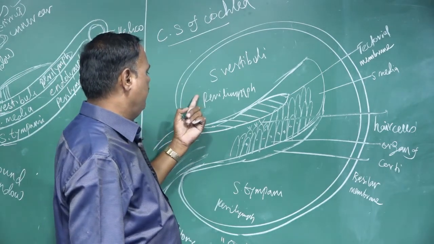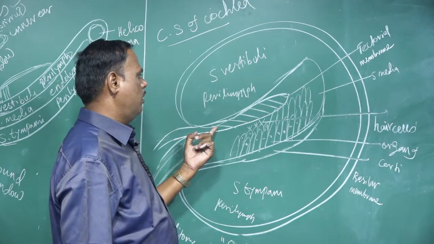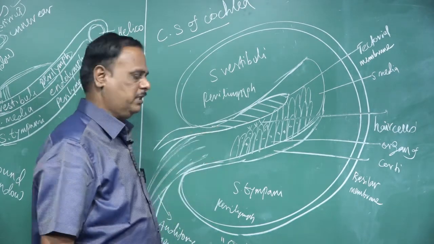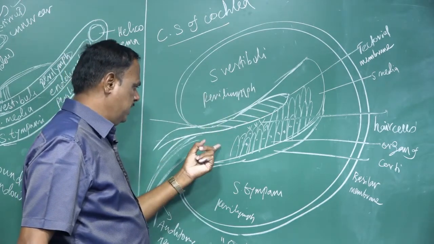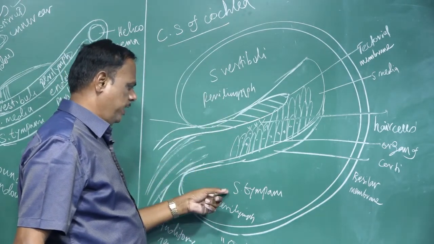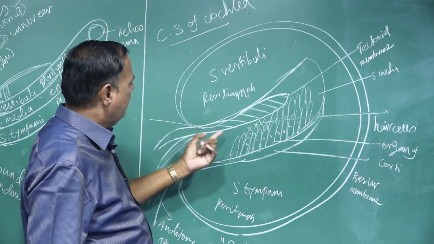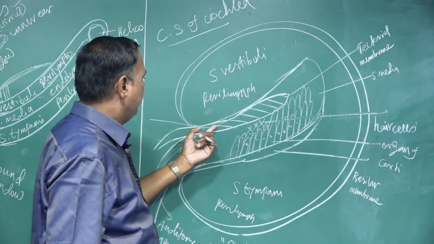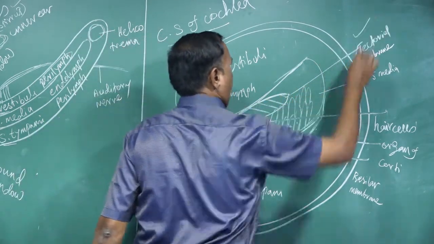The scala vestibuli is separated from the scala media by a membrane called the tectorial membrane. That's very important. This is the upper chamber, scala vestibuli; in the middle, scala media; and the lower, scala tympani.